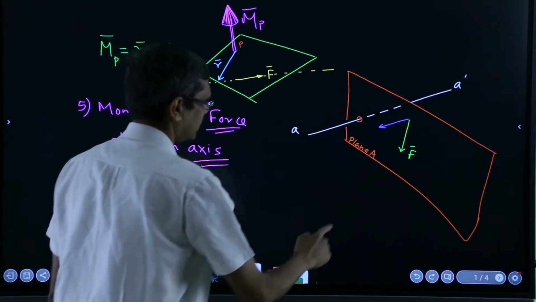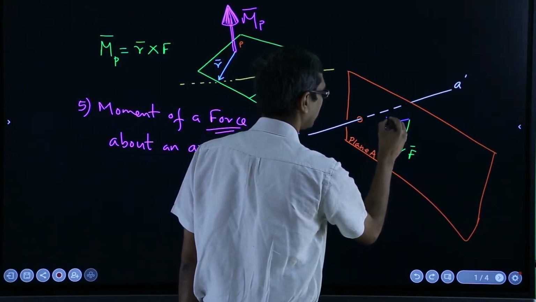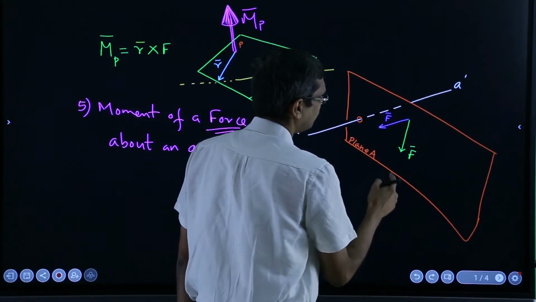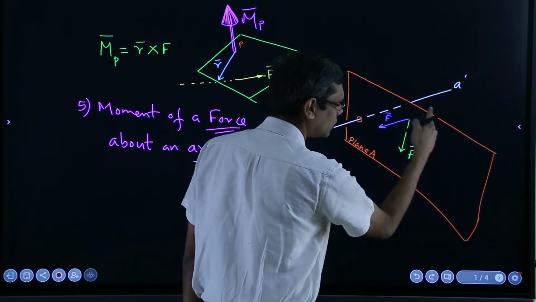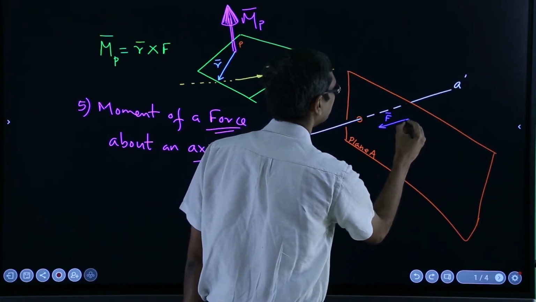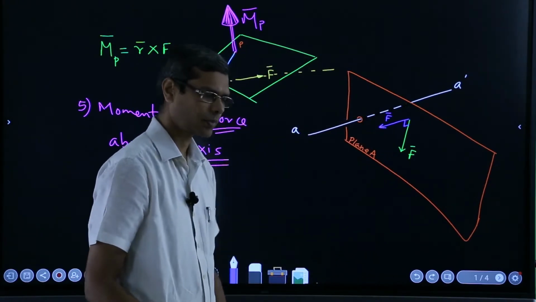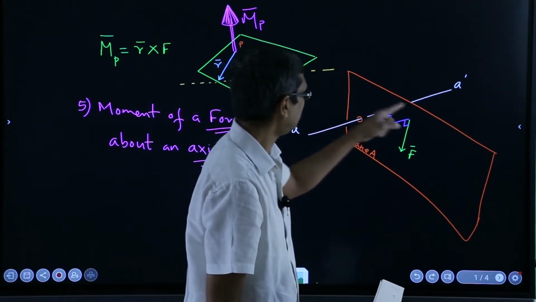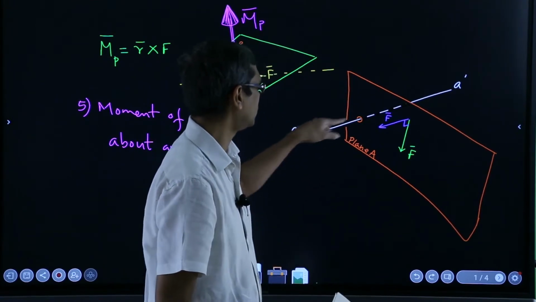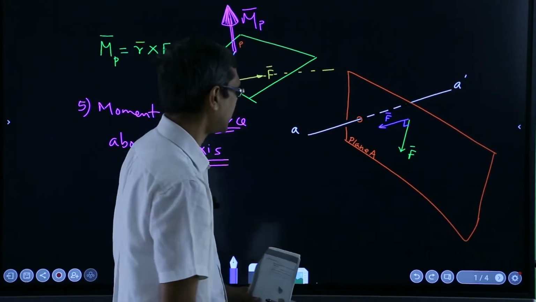Now, this is the component of F which is perpendicular to this plane and parallel to this, because anyway this plane is perpendicular to this, so we had taken it like that.